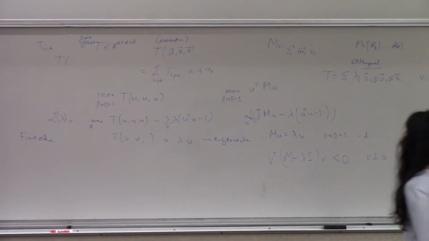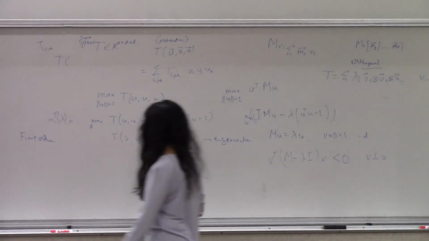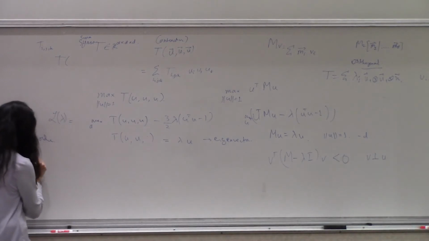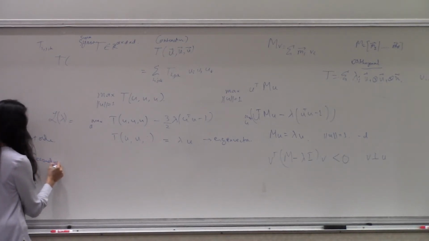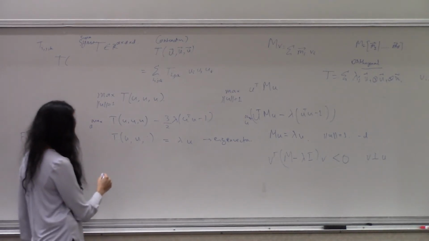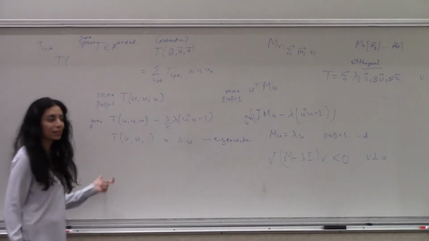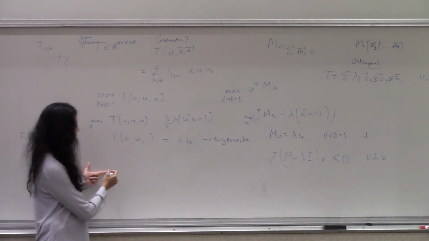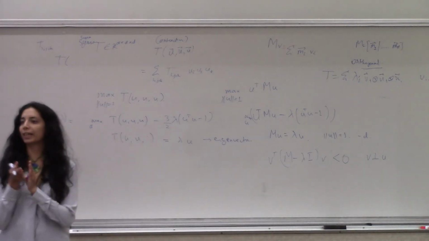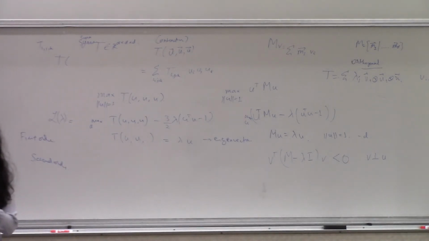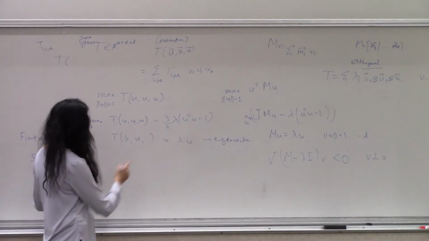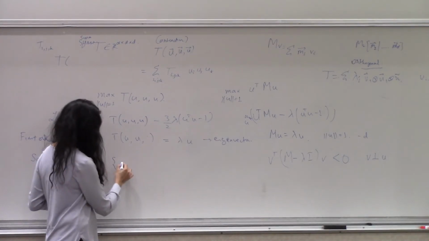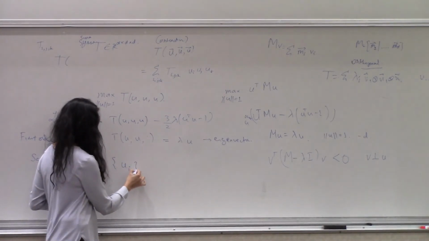I won't derive the full result, but this is something I'll ask you to verify. It turns out for these orthogonal tensors, the second order condition says that there won't be one unique local optimum. There can be multiple local optima, but the only local optima are just the U_i.